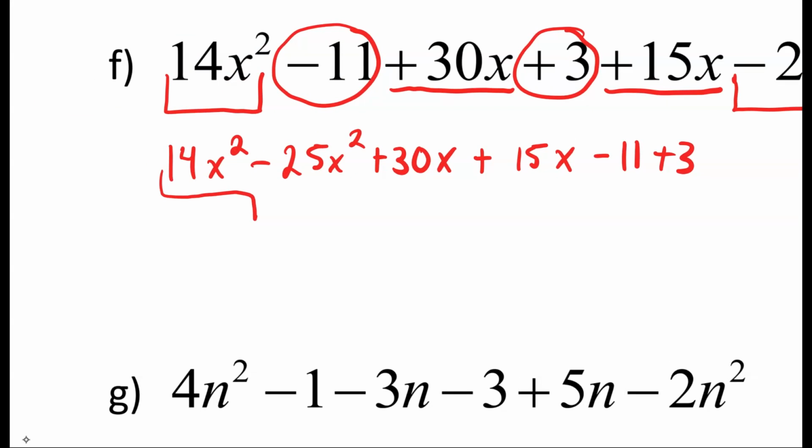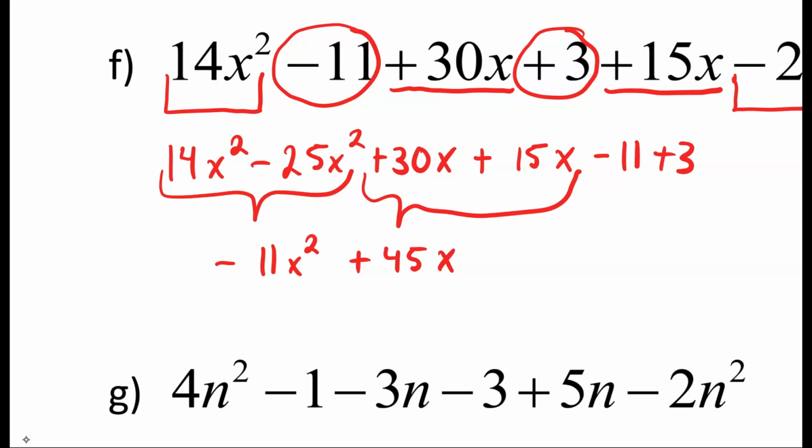When we're looking at the 14x squared, subtract 25x squared, we're left with negative 11x squared. And we did that by 14 subtract 25. The second part we have to look at is the 30x plus 15x. I should have made that go a little bit further. So 30x plus 15x gets me plus 45x.